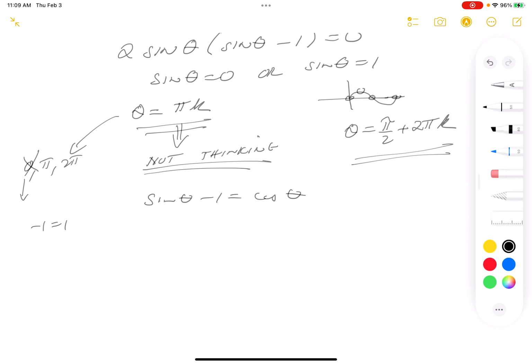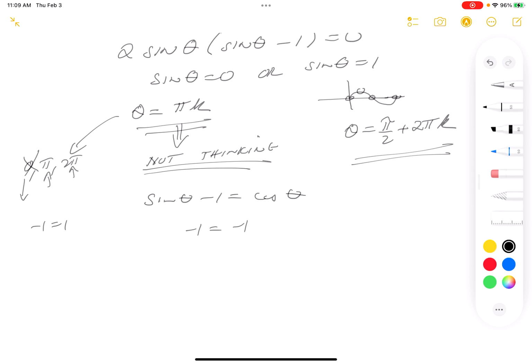Now let's try pi. What's sine of pi? Sine of pi is 0. I'm checking this one out, and you get 0 minus 1, which is minus 1. What's the cosine of pi? It's minus 1. So that works. Now, does this one work?